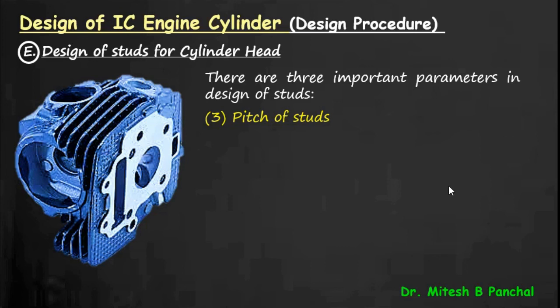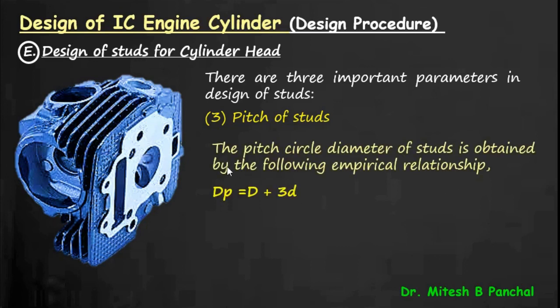So the pitch circle diameter of the stud is obtained by the following empirical relationship, that is dP, the pitch circle diameter, equal to D, that is nothing but the diameter of bore, plus 3 times d, where small d is the nominal diameter of the stud.